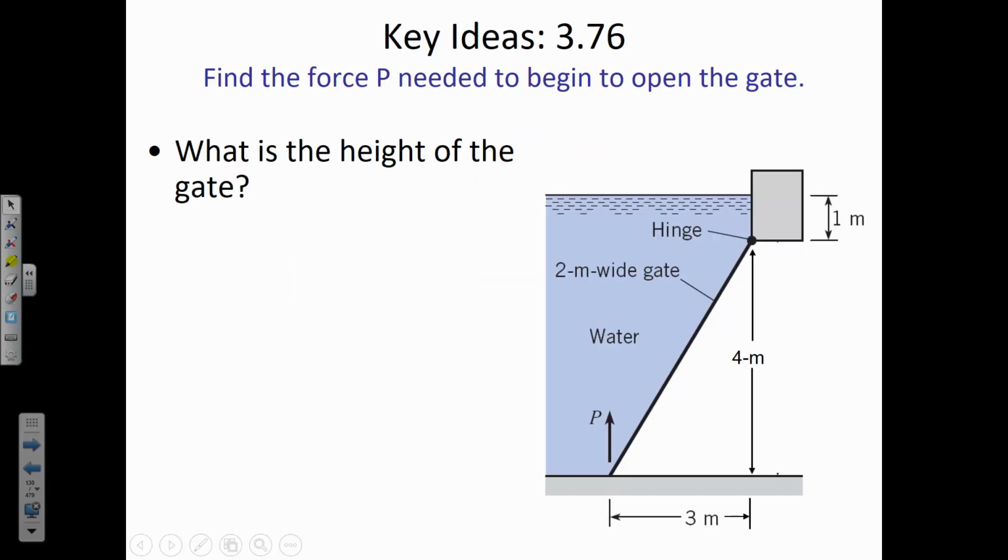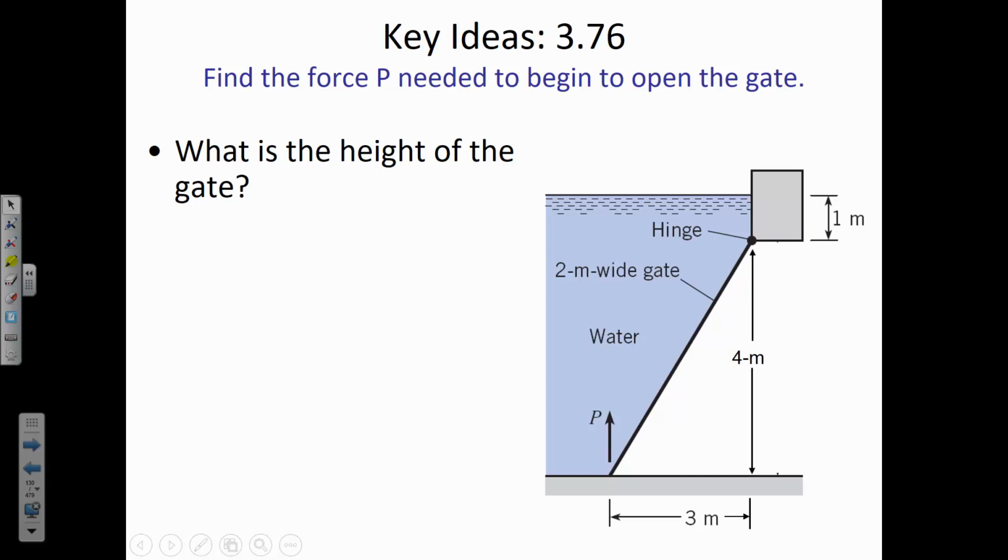All right. So here's the other one I wanted to give you a little bit of a head start on. This question is asking the force needed to begin opening the gate. So you're pulling up with the force P, and that's a vertical force, so it's coming straight up. And the water, of course, is pressing on the gate below the centroid and in a direction that's normal to the gate's surface.